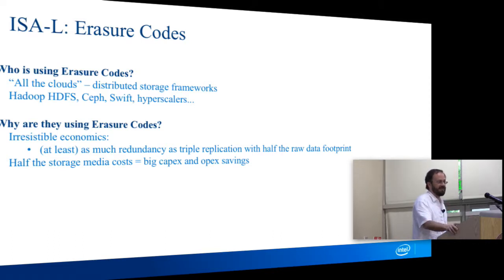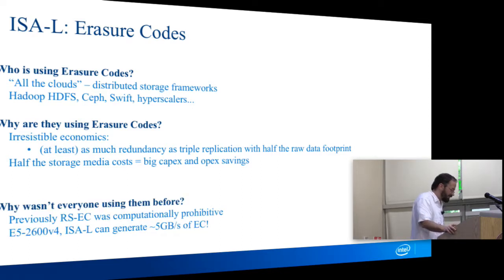This works great when it's hot, but in a tiered storage, when it gets warm or even cold, you don't want to keep around 3 copies of the data. That's not the best way to utilize your storage. So erasure codes allow you to trade off your redundancy limits with just fractional increases in the storage footprint.